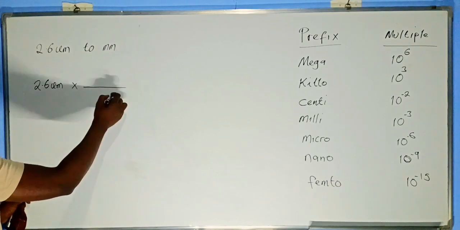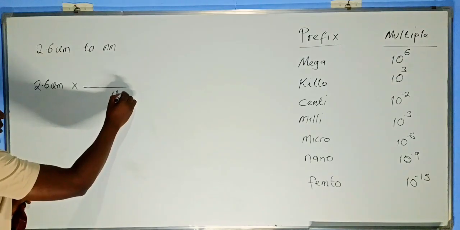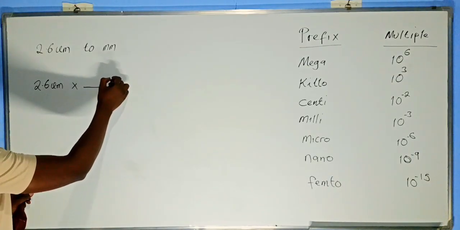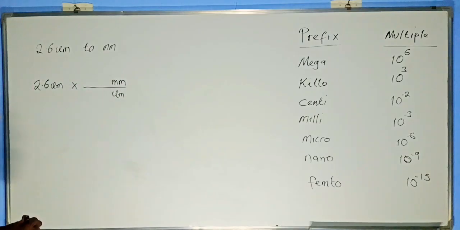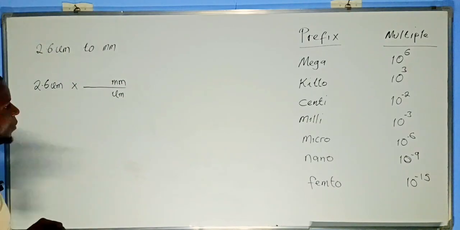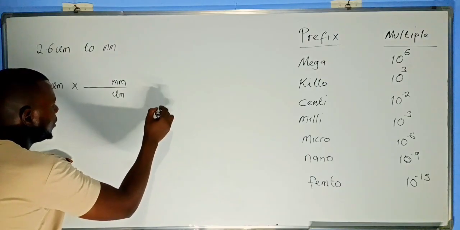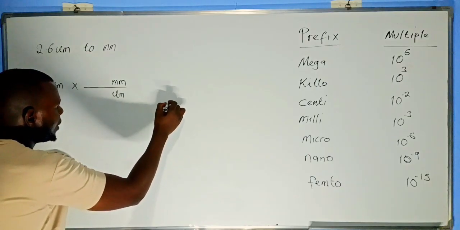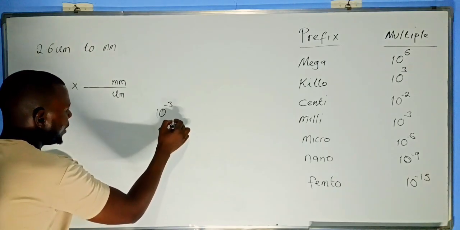So what we put down here must cancel with this, and we'll have it there so that it can cancel, and we'll have our millimeter on top there. Again, we go to our multiples. When we say milli, we mean 10 to the minus 3, and when we say micro, we mean 10 to the minus 6.